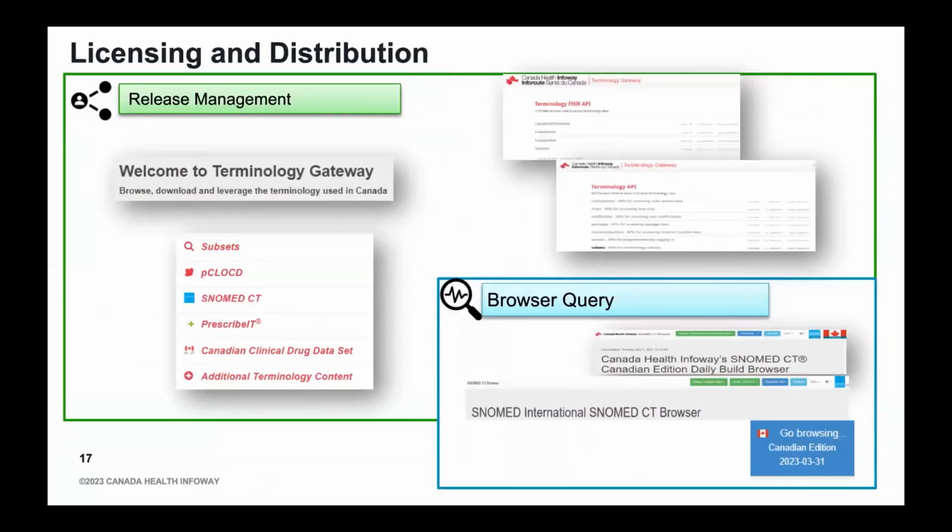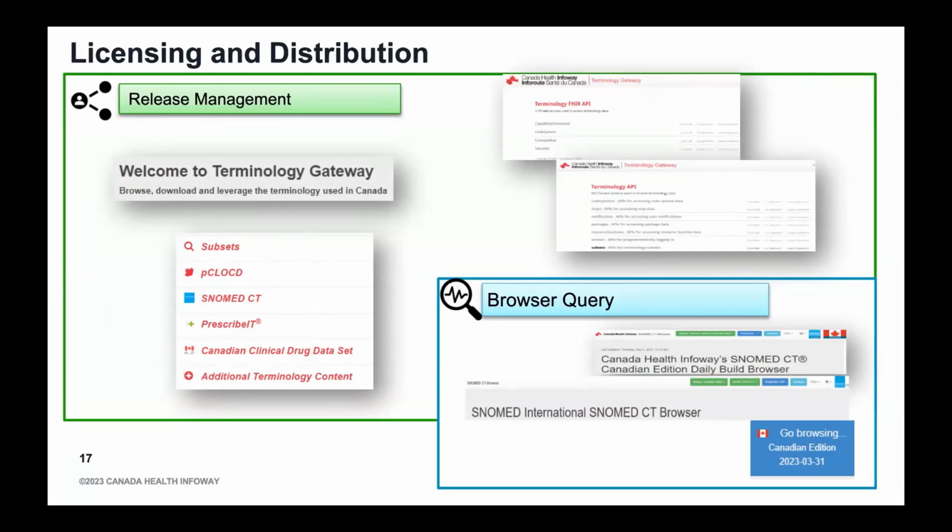Infoway provides convenient access to a wide range of licensed and proprietary material via another tool, the Terminology Gateway. So this is a web-based solution that enables the distribution and sharing of terminology concepts, subsets, and concept maps, making them available for web browsing, download, or real-time query.